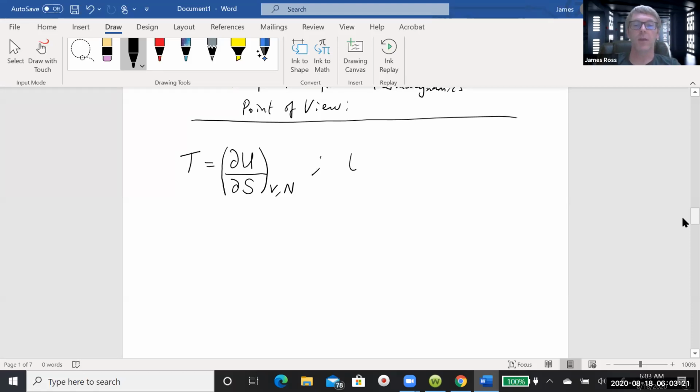So here we've got U is total internal energy. We'll actually see U a bit later on in our course when we look at the first law of thermodynamics. We'll see U, but we don't have to see it right now. S is something called entropy.